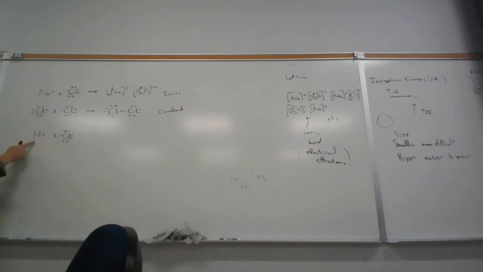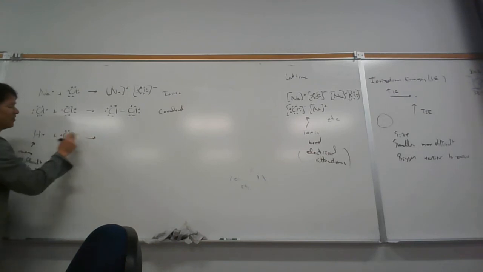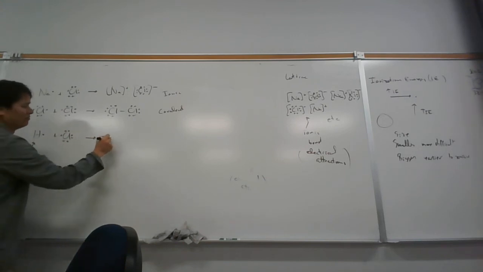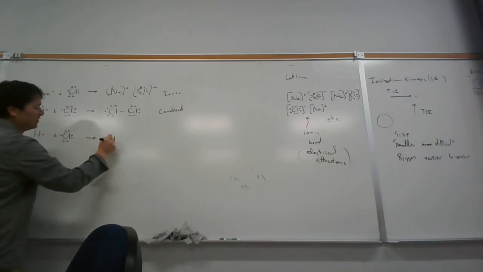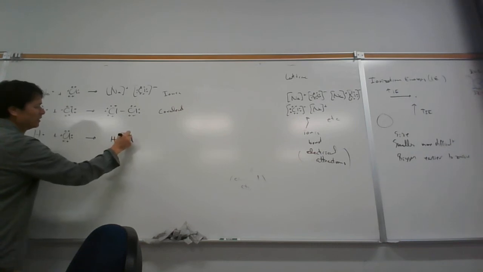It's a smaller atom, and so it's more difficult to ionize than sodium. Sodium is really easy to ionize. Hydrogen's a lot harder. And so what happens is chlorine's not strong enough. So if chlorine's not strong enough, they end up sharing.